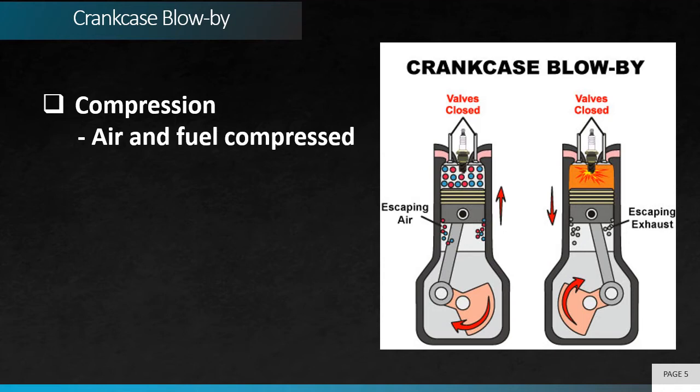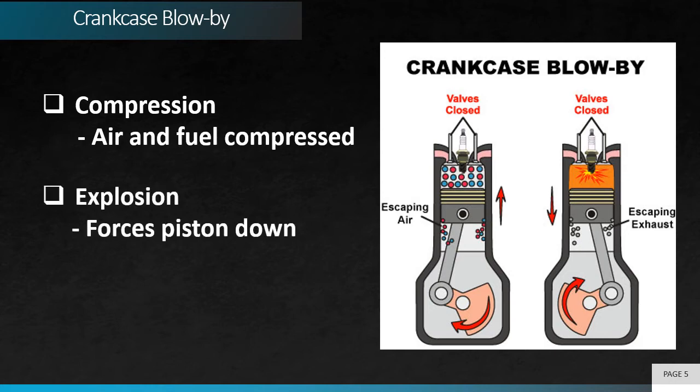From the combustion chamber, past the piston rings and the piston skirt portion, the unburnt fuel gases, or the air and fuel mixture, escape to the crankcase area. This also happens in the combustion, or explosion, or power stroke.